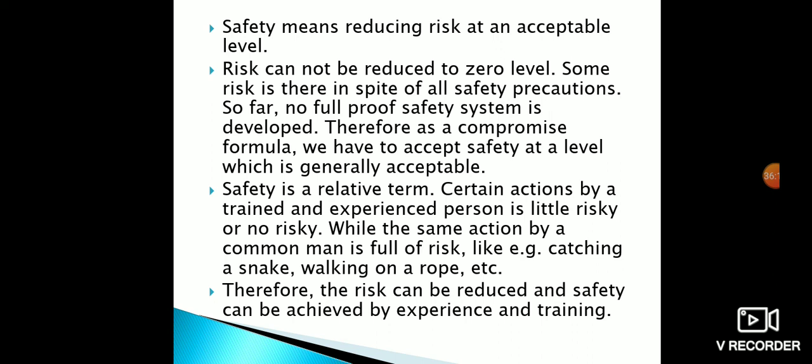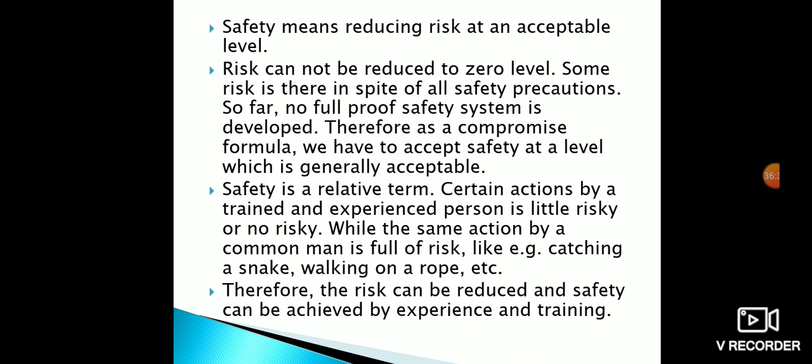It depends on the person. If there is a trained or experienced person, then the risk is less. But if the person is not trained, then it will be risky for him.